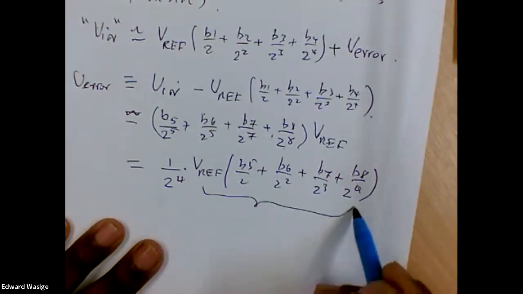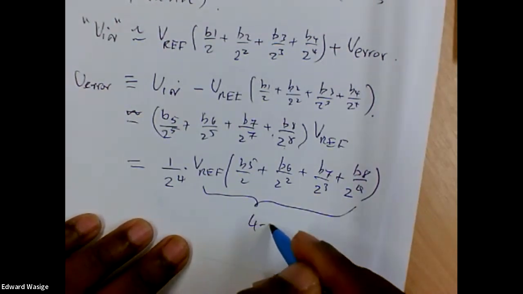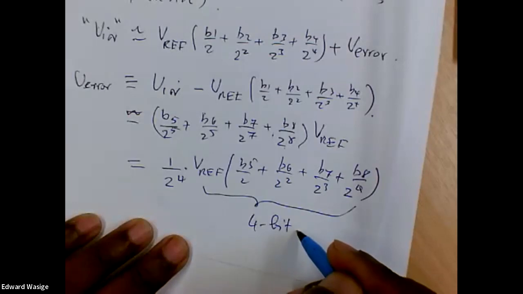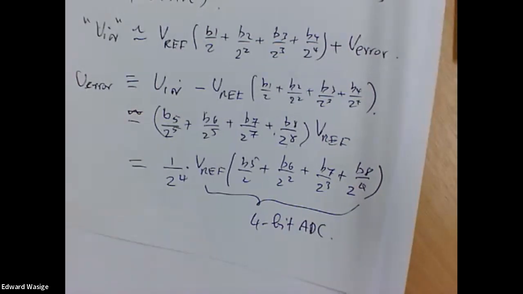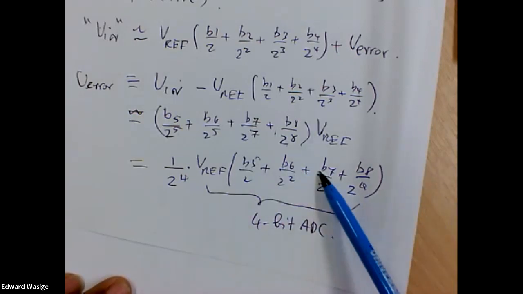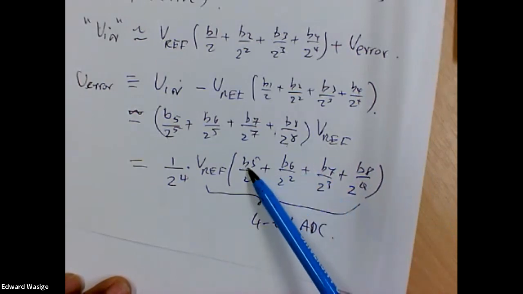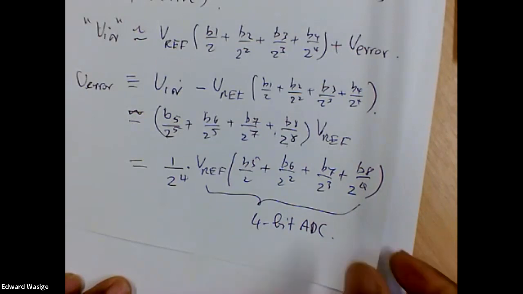You should notice that that expression is the expression of a 4-bit ADC. So out of this, I'll draw a block diagram that helps us to do this. If we know this expression, we can determine B5, B6, B7, and B8 using a 4-bit ADC.